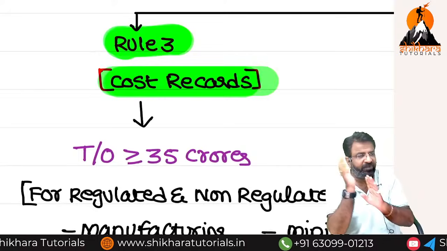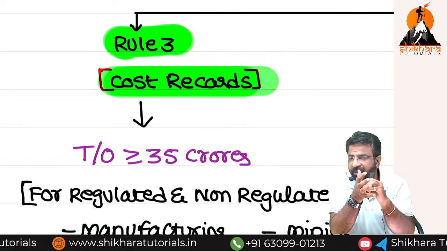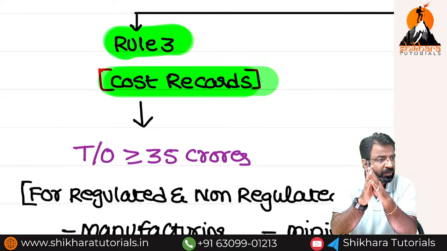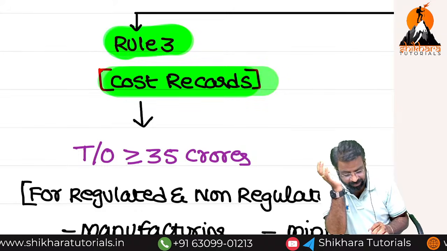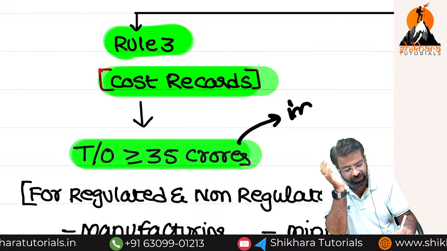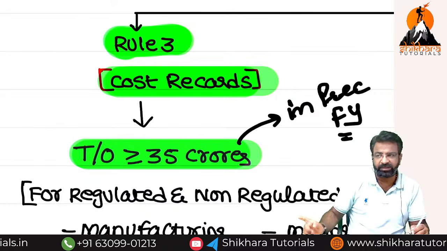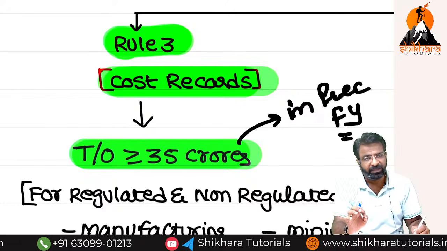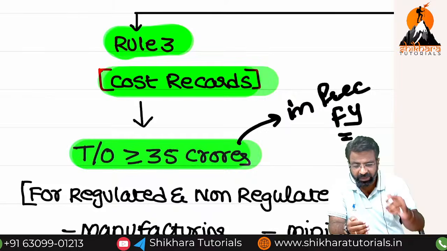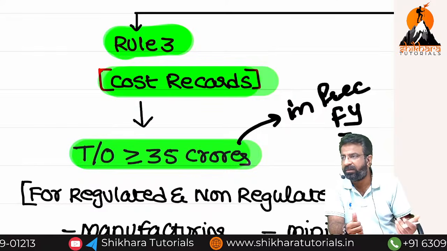Now what is Rule number 3 saying? Rule number 3 is saying something very simple: when these companies have to start maintaining the cost records, not about the cost audit. Rule 3 is dedicated only to cost records. Now, we check in the preceding financial year. In my preceding financial year, if my client's turnover is greater than or equal to 35 crores, then from this financial year onwards, they have to start maintaining and preparing the cost records.